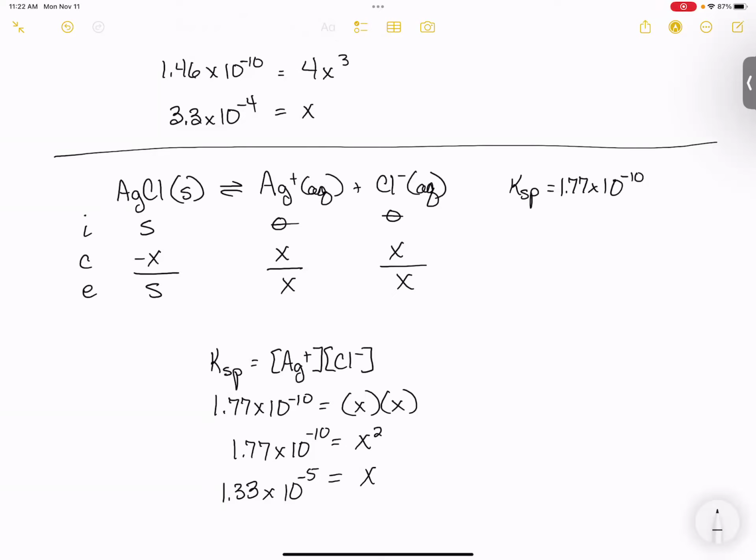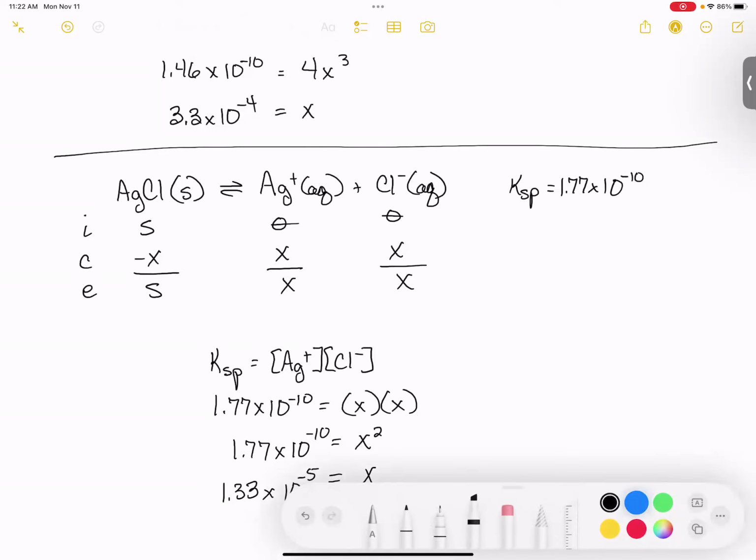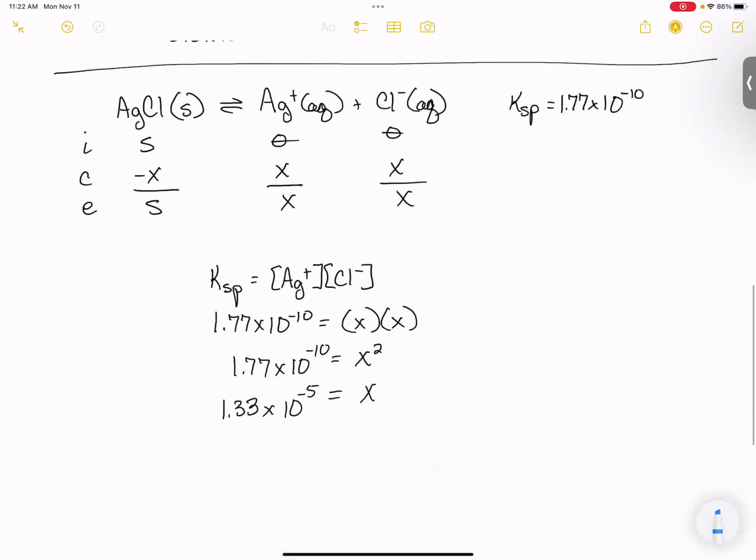When you are calculating these X's, folks, what you will see is the molar solubility.